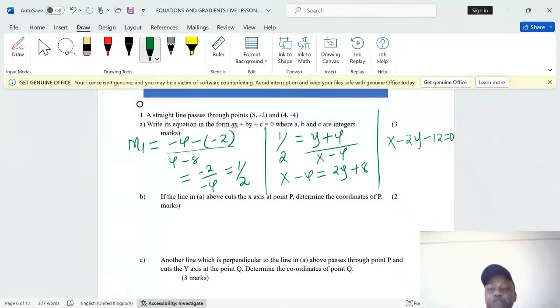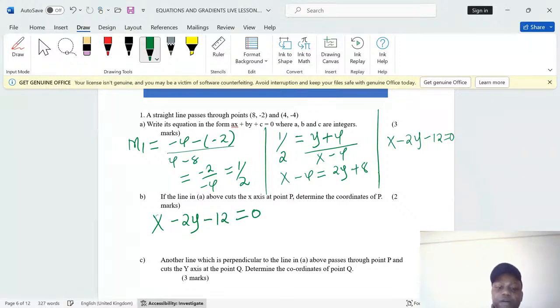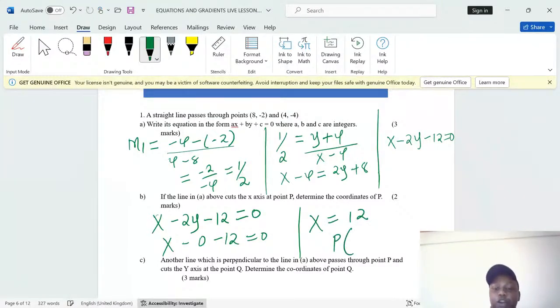Therefore, we take our equation, x minus 2y minus 12 equals 0, and where there is y, we substitute 0. So x minus 0 minus 12 equals 0, and this means the value of x is 12. So the coordinates of P are (12, 0), since y is always 0 at the x-intercept.